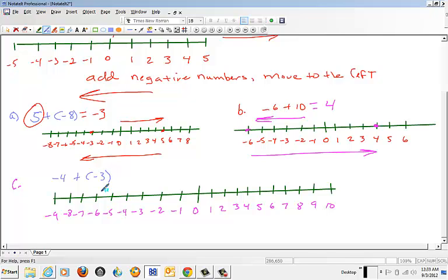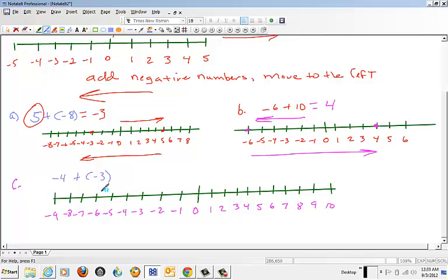You're adding a negative 4 plus a negative 3. You may want to go back and look at the other video where we talked about how you add negative numbers. But anyway, go ahead and pause it. And once you pause it, work the problem and come back, take off the pause button and see if your answer meets mine.